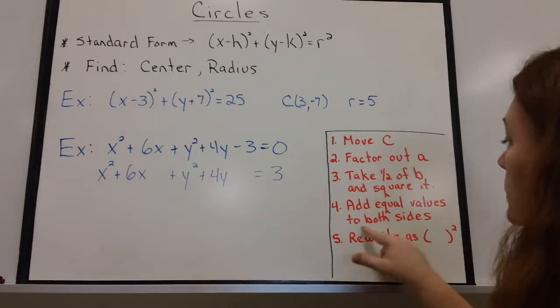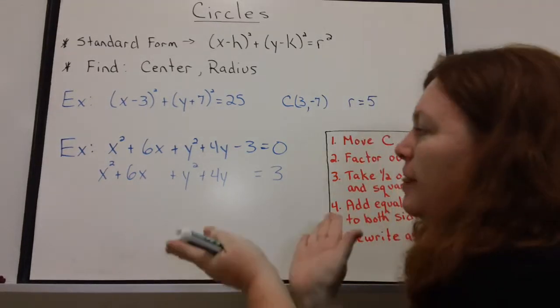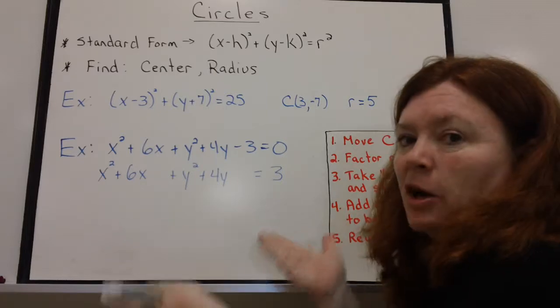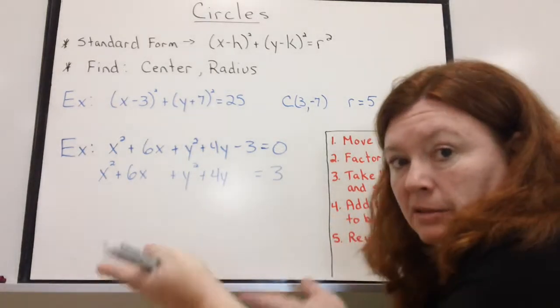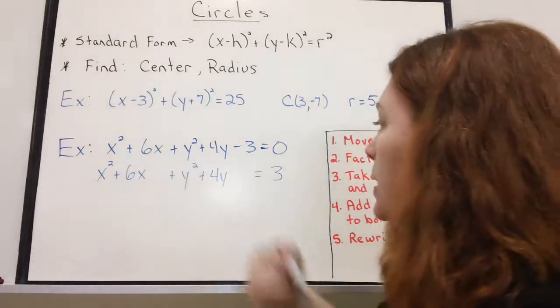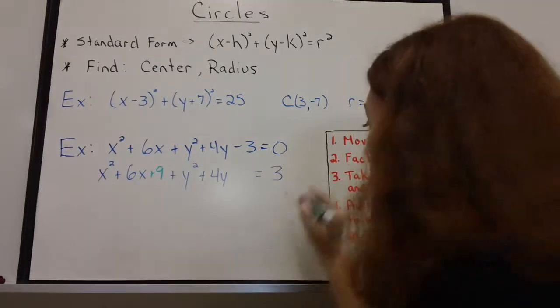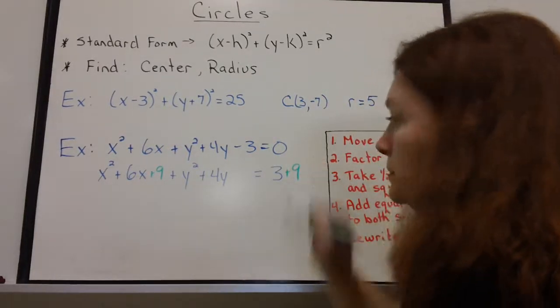Add equal values to both sides. You learned many years ago that you want to keep the seesaw or the scale balanced. What you do to one side of an equation, you must do to the other. If I'm going to add 9 here, then to be fair, I better add 9 here.